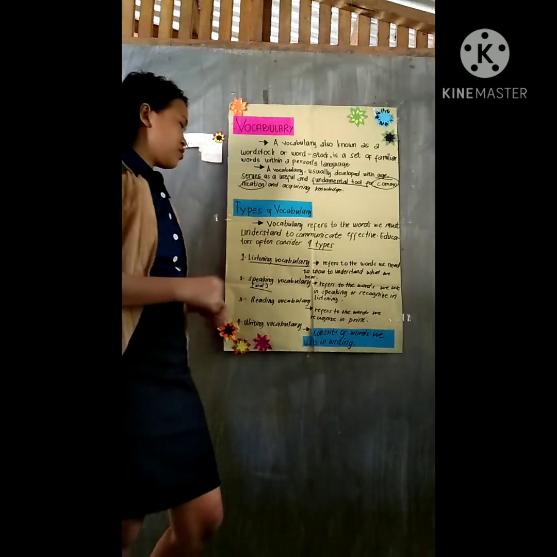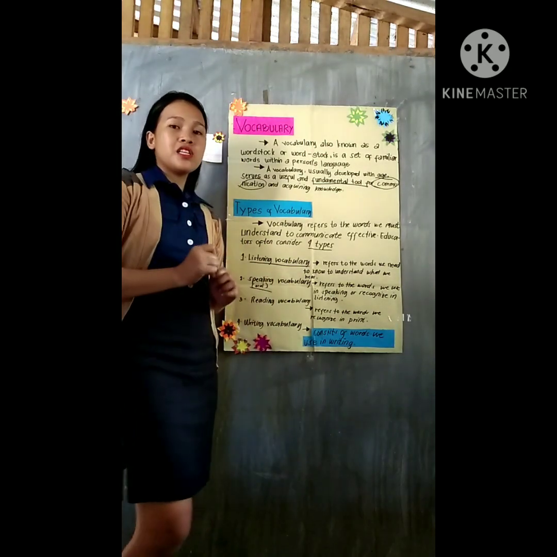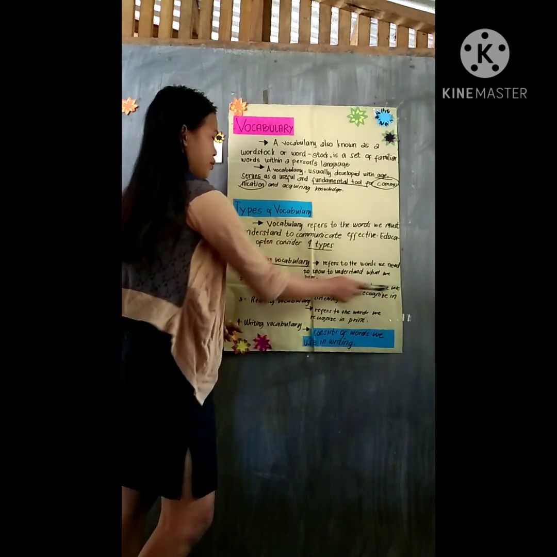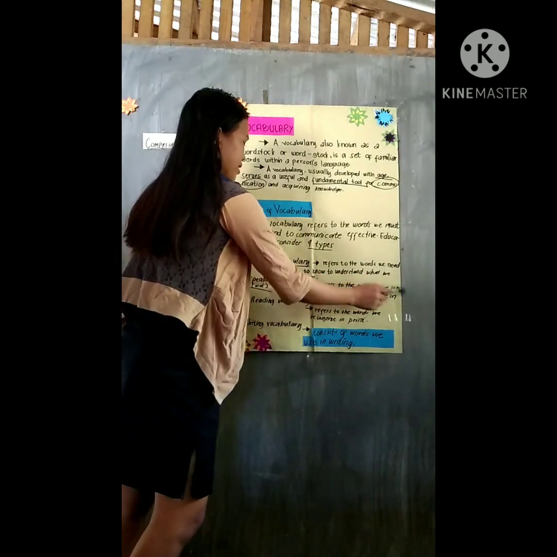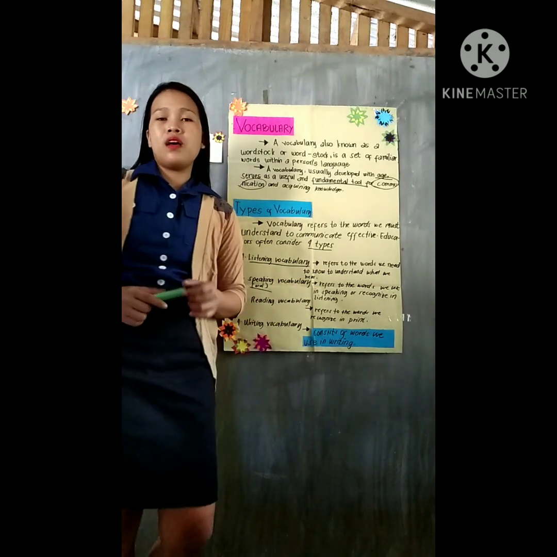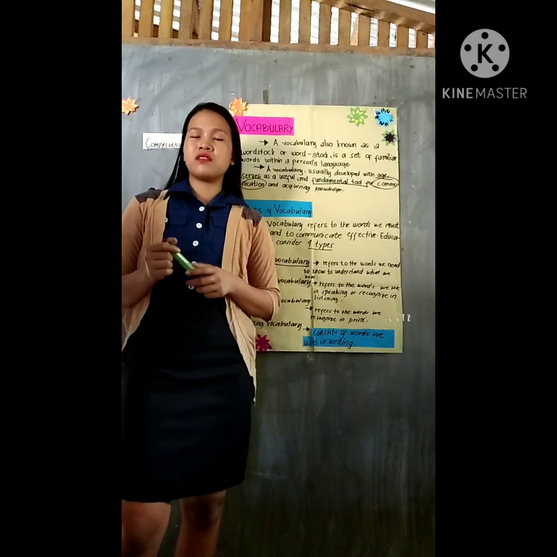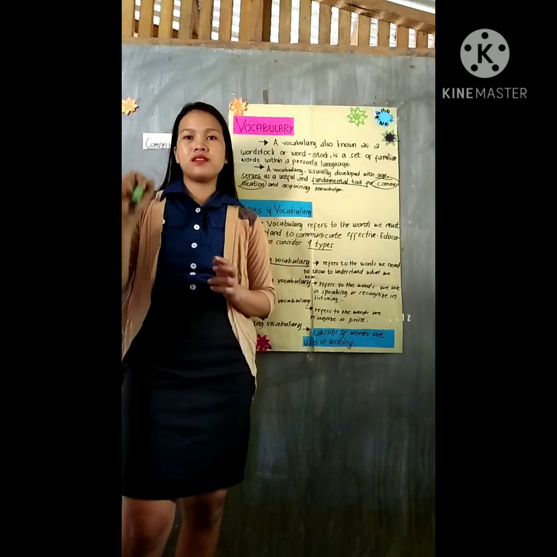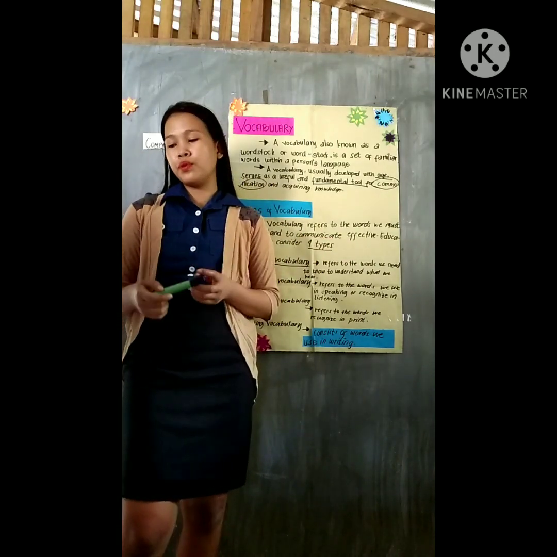And now we proceed to the speaking vocabulary. Speaking, which is oral, refers to the words we use in speaking and recognizing in listening. I have a learning material. Instead of index cards, I use a color paper. I cut it and write it into a vocabulary word.